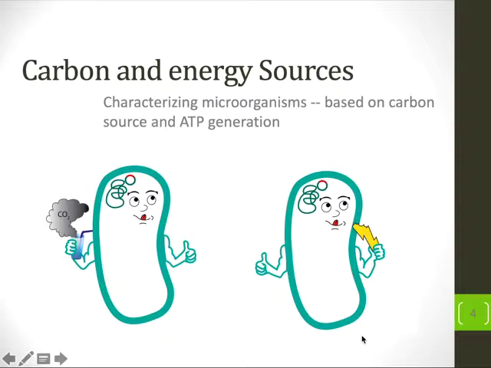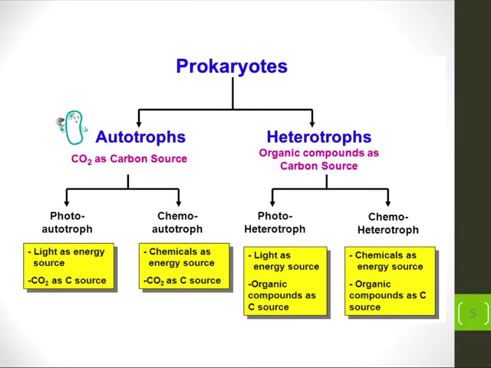We characterize microorganisms based on the source of their carbon and how they generate their energy, how they generate ATP. With this criteria, we can group organisms, in terms of prokaryotes or bacteria, into autotrophs and heterotrophs.